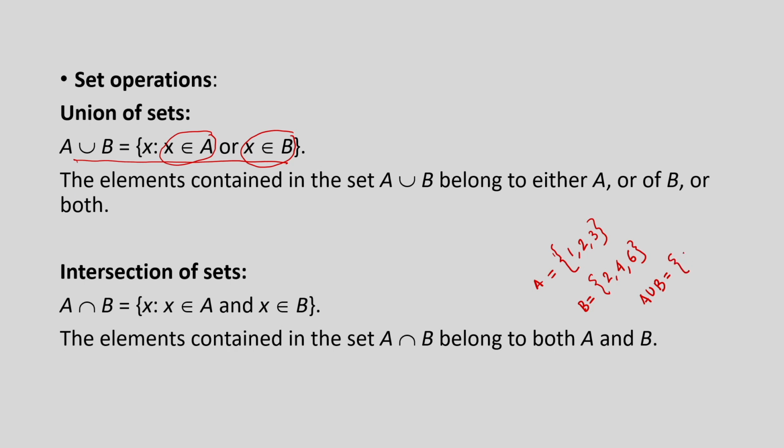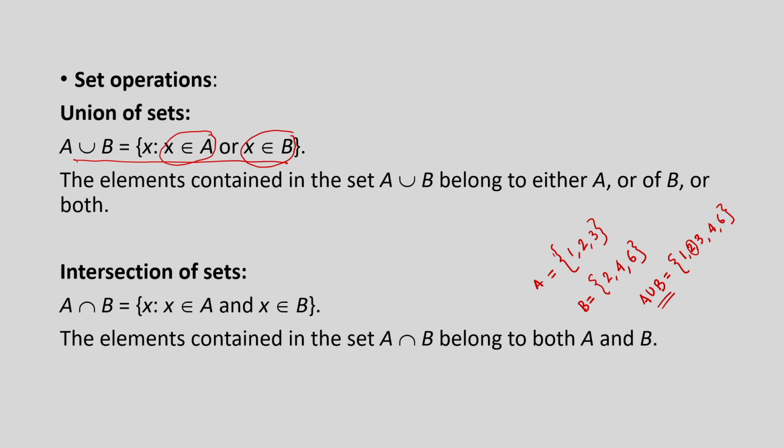So, it will contain some elements, and which are these elements? 1, 2, 3. So, these are the elements from A, and what are the elements from B? 2 is there, but 2 is already there in A. So, I do not have to write that again, I just write the other elements which are not part of A, but part of B. So, here you see this 2 is an element which is there in A as well as B, and that will be part of A union B. Okay.